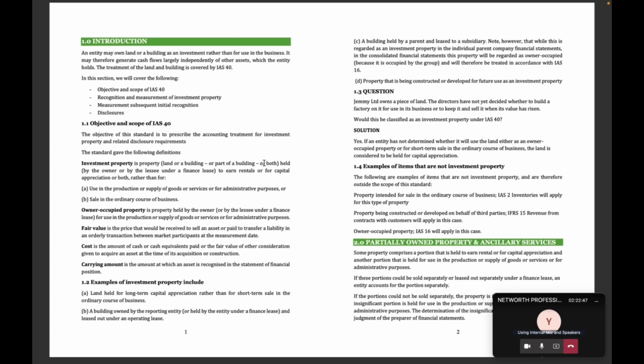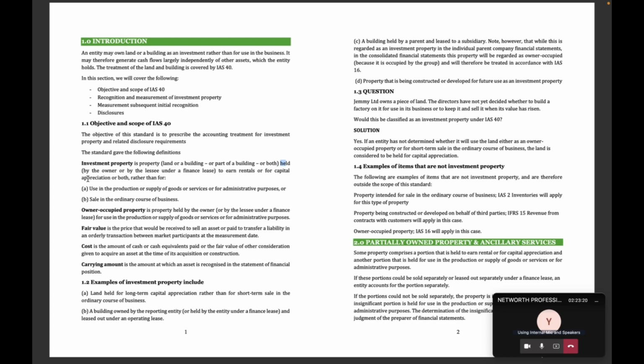It is majorly land or a building, or the two, land and building. And this land and building is held to earn rentals or for capital appreciation. Land and building held for rentals or capital appreciation.